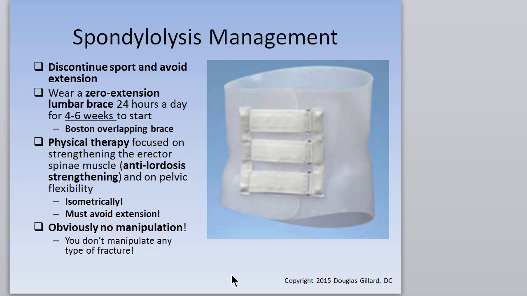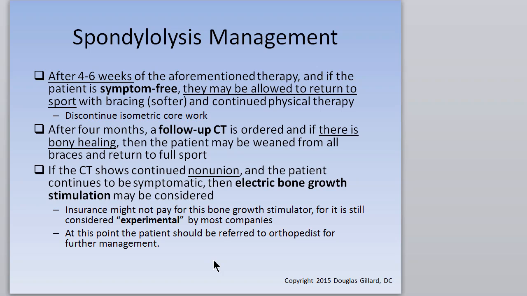No. Don't manipulate fractures. Okay, physical therapy. Make sure you know you can still do core strengthening, but you should discontinue sport, and anything with extension, you don't do it. So if you want to do bird dogs or something to strengthen the erector spinae muscle, that's fine. I would read through these as well.